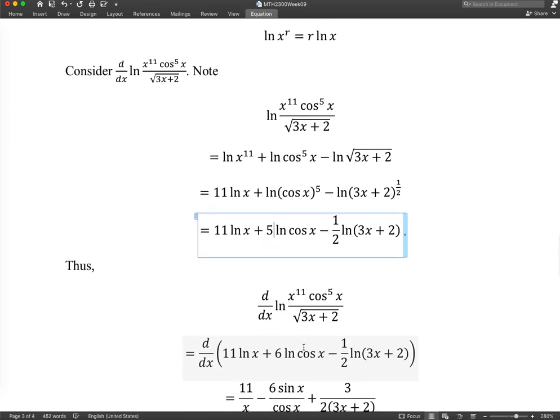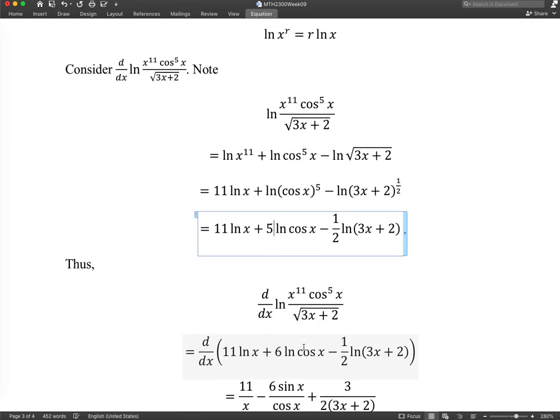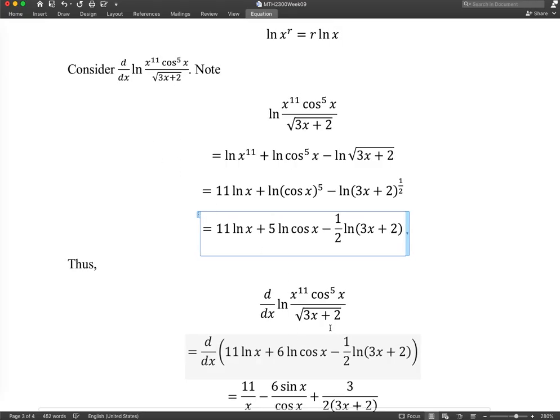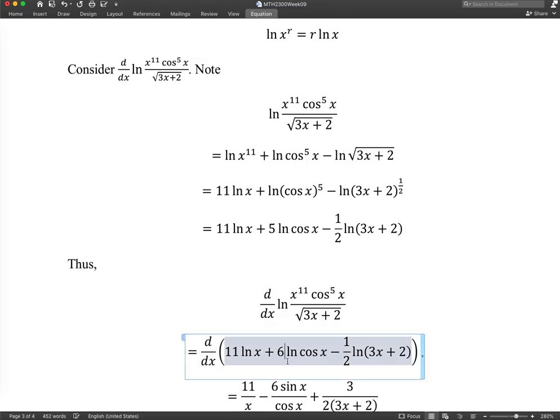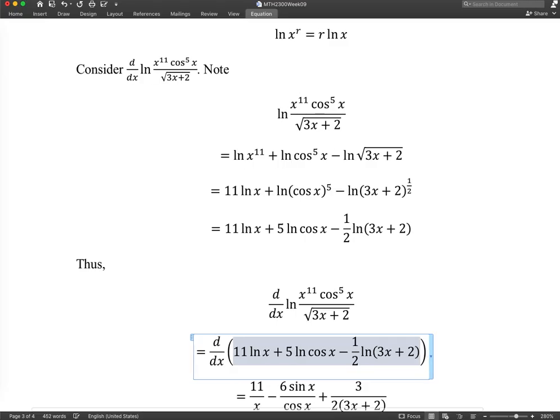And then I suppose it makes the direct derivative calculation a lot easier, because when we calculate the derivative of the entire logarithm, with the sum and the difference, we can calculate the derivative of each term. The derivative of ln x is 1 over x, combined with 11, it is 11 over x. And for this part, I just figured out the 6 should be 5.